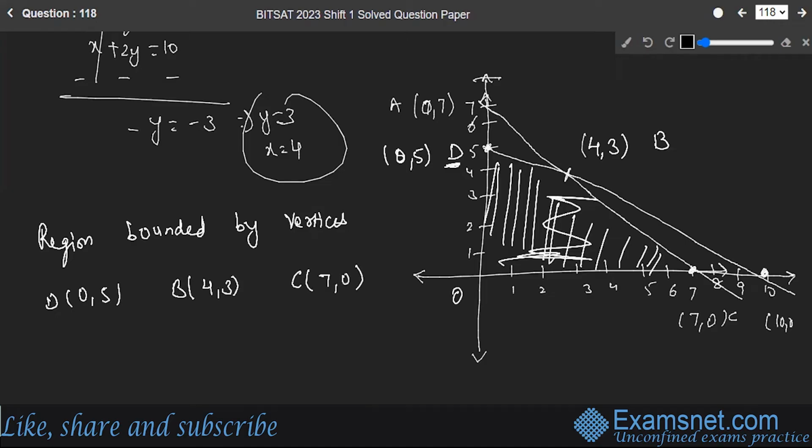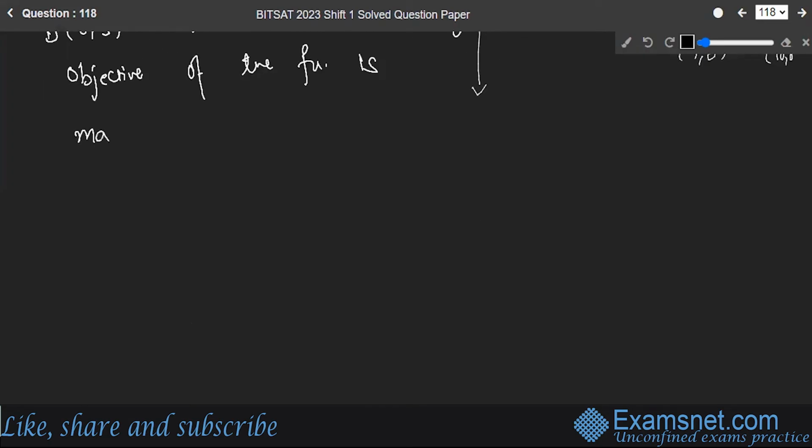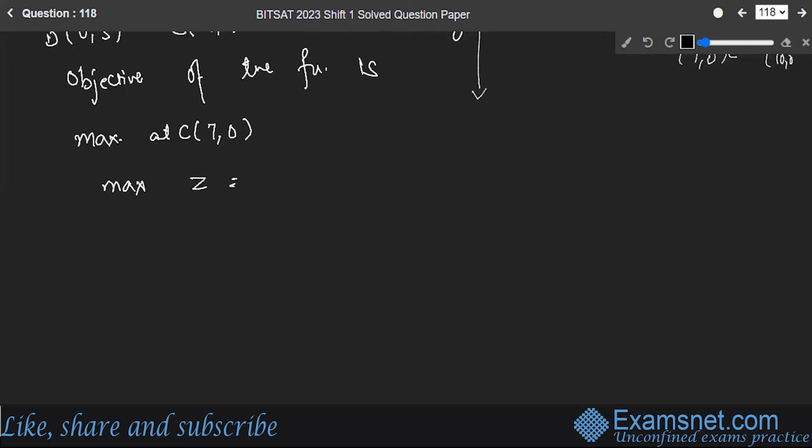The objective function is maximum at 7, comma 0, that is C, and max Z will be given by, what was Z equal to?